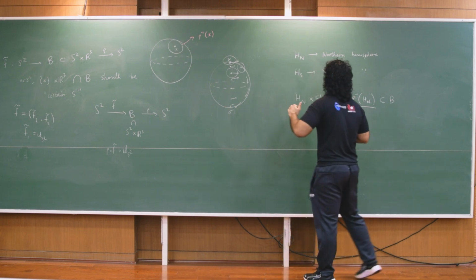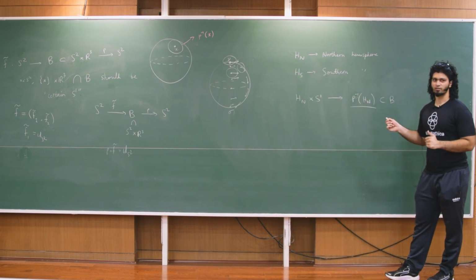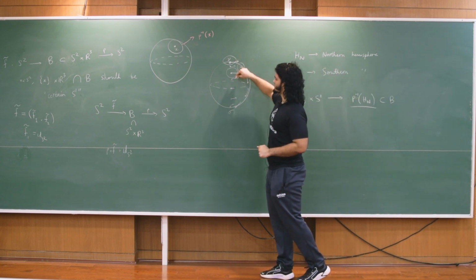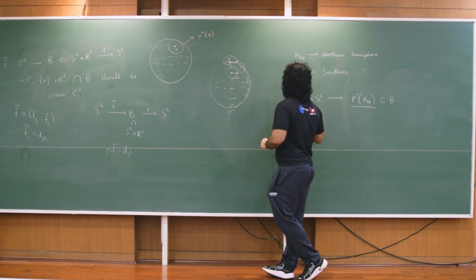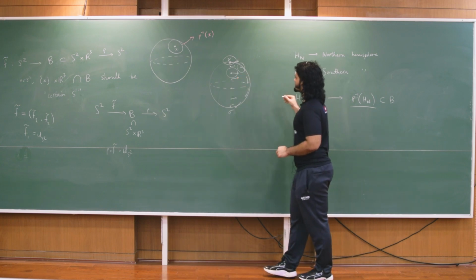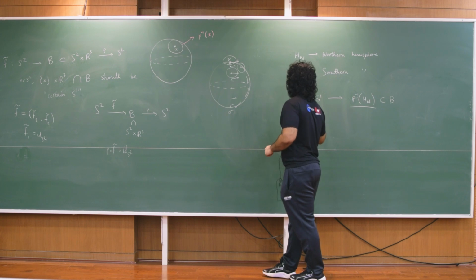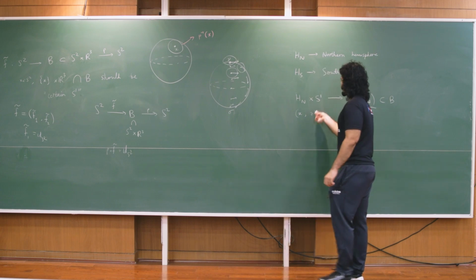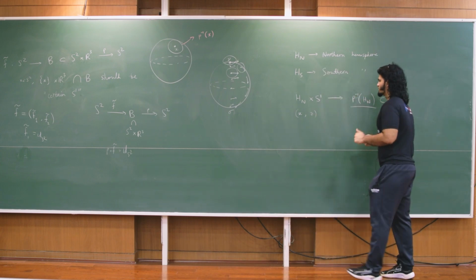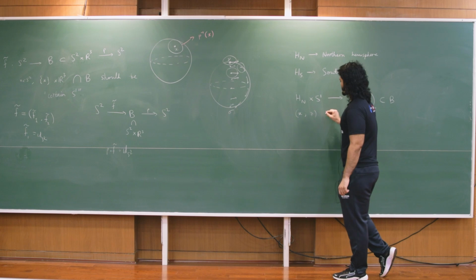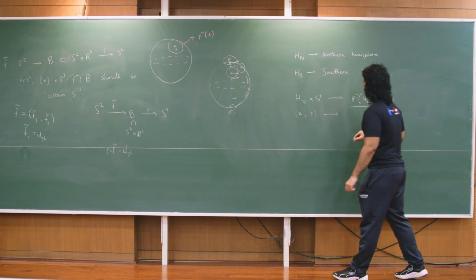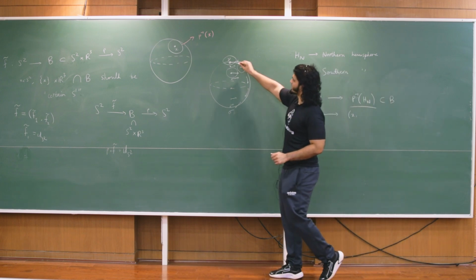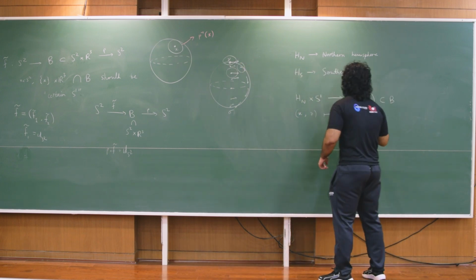I'm sort of straightening it out by doing this. And this map is given basically by the sliding action: if I take some x in Hn and some z in S1, where z comes from the complex numbers, the circle in the complex plane, that will map to x comma whatever you get by sliding z down to x.